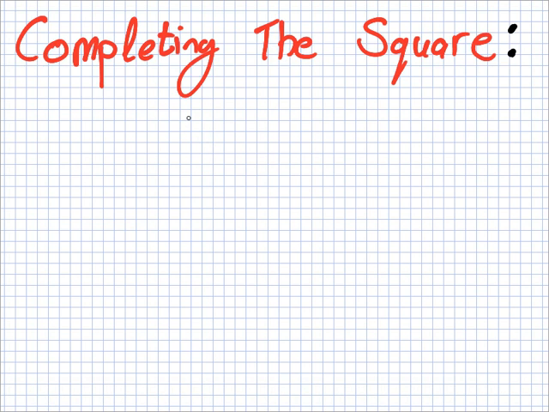We're back to quadratics for the moment, and we're looking at completing the square. Let me give a little bit of background. Let's say I give you something like this: x plus 2 squared plus 3, and I want you to simplify it.